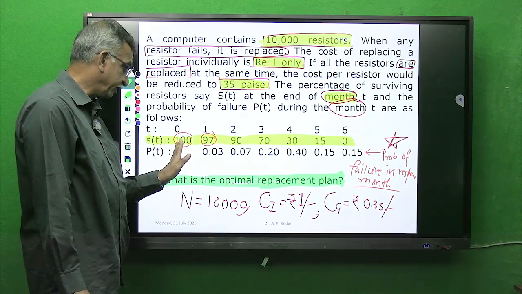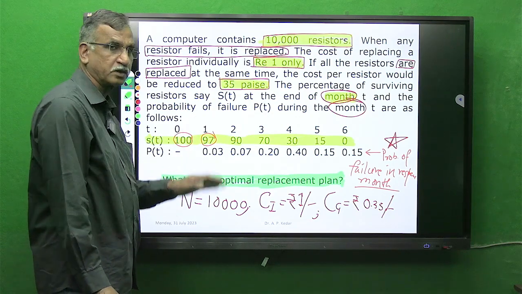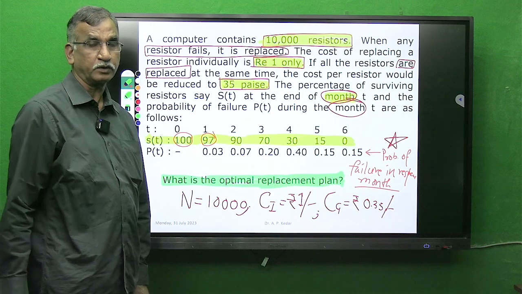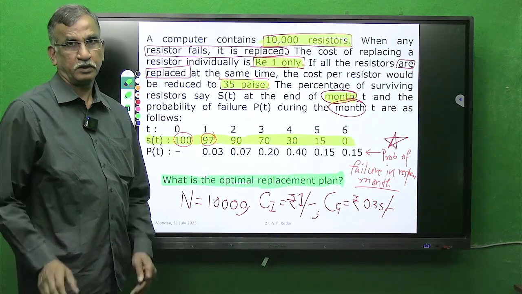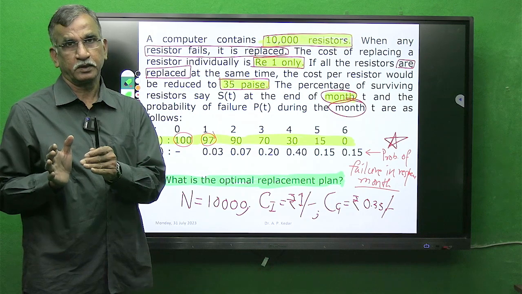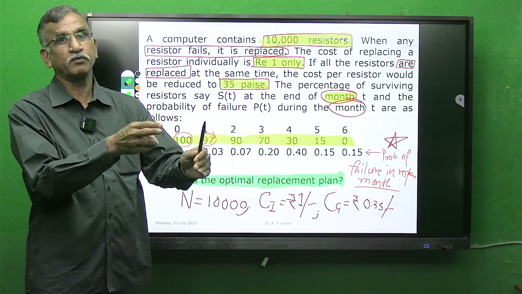Survival going from 100 to 97 means 3% failure.